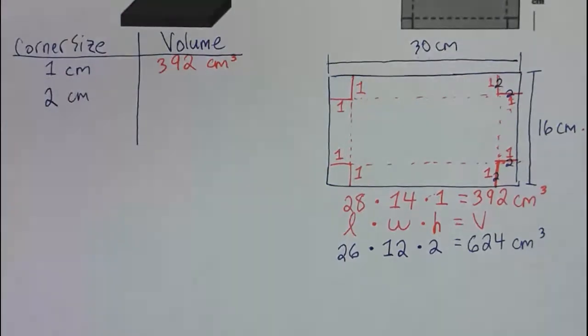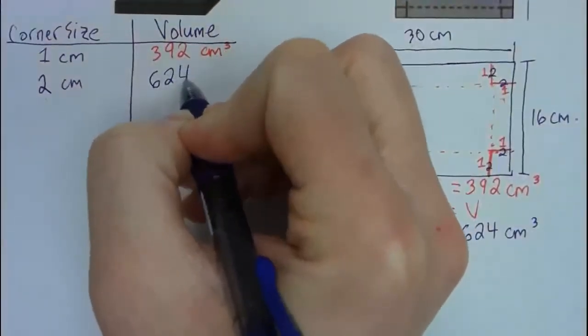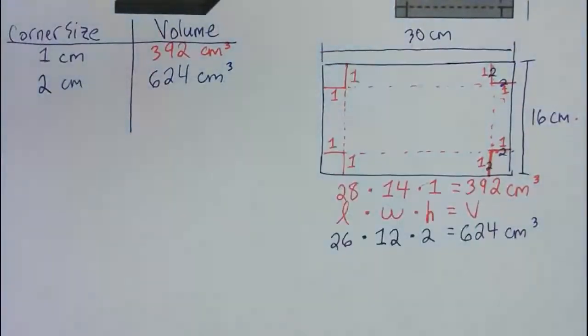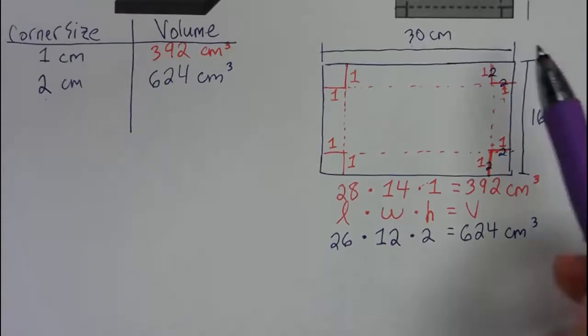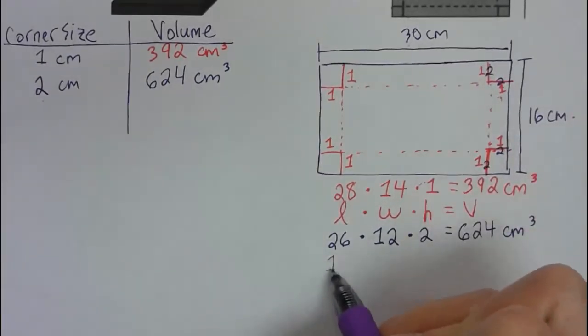So we went up in volume to 624 cubic centimeters. If I wanted to keep going through this process, I could keep guessing and checking to see if I could get a bigger volume. For instance, if you did the same thing and went all the way to, say, 7 centimeters, I would take away 7 twice from 30, which would bring me down to 16.